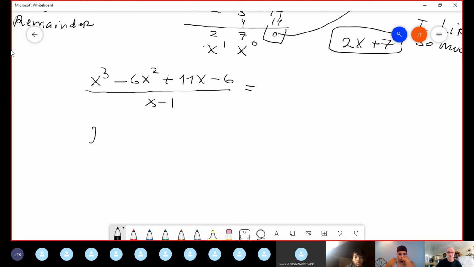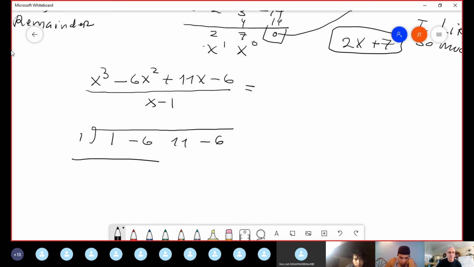But okay, don't worry. This is interesting because you apply synthetic division three times. I copy 1, negative 6, 11, and negative 6. These are the coefficients: 1, negative 6, 11 positive, and negative 6. And you divide by 1.